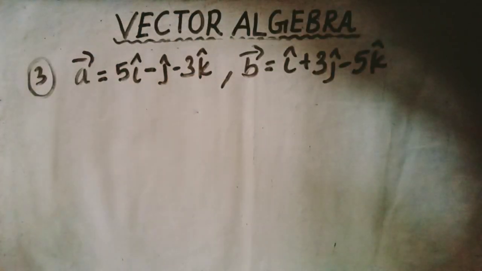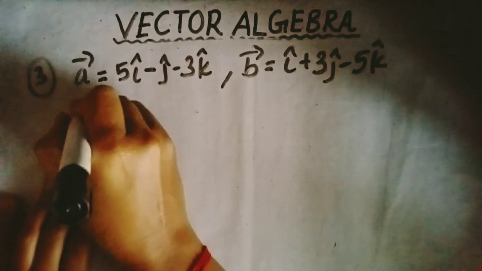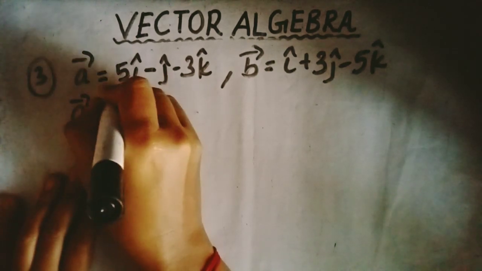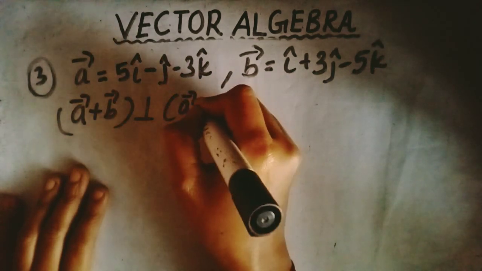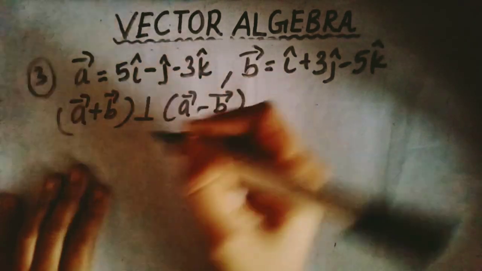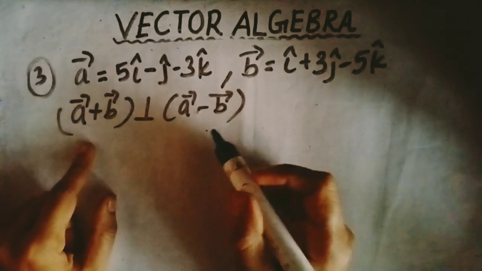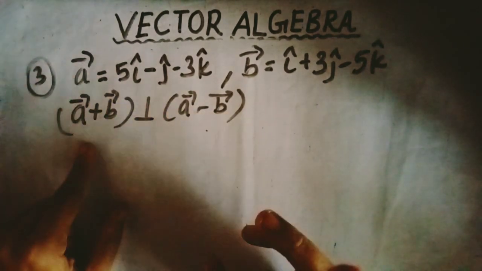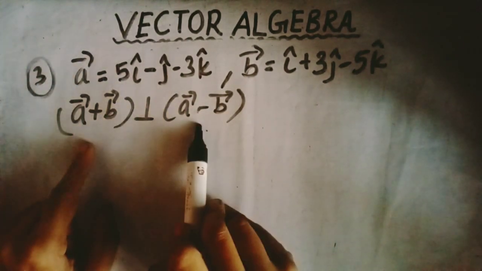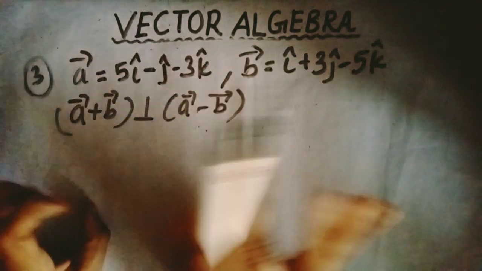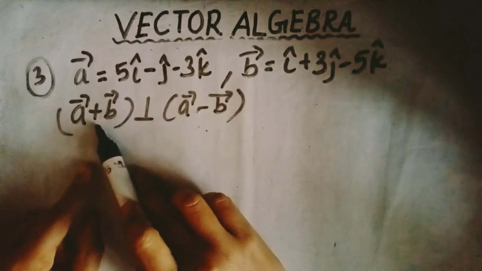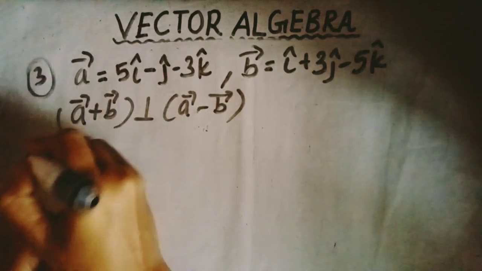So to show that A plus B vector is perpendicular to A minus B, we know that when two vectors are perpendicular, the angle between them is 90 degree, correct? So their dot product is 0. So we have to just show that their dot product is 0. First you have to find A plus B and A minus B.